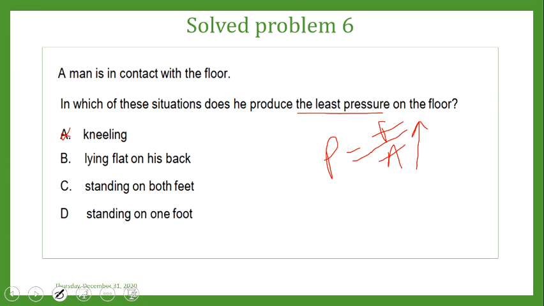And out of the four conditions I have here, the only one in which the person is going to occupy more area is B, because lying flat on his back is going to cover more space and take more area compared to any other one. As such, option B is going to be the correct answer. Because, in summary again, the more the area, the smaller the pressure exerted on the floor or on the surface is going to be. And that's going to be our answer to the last question we have here.